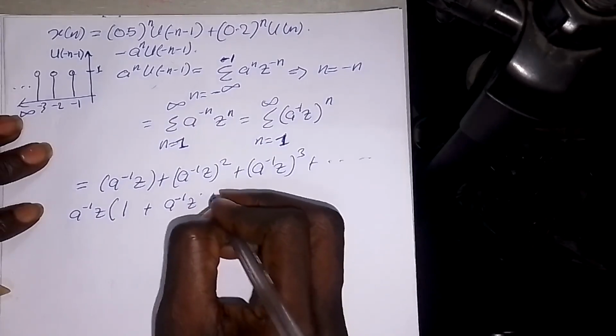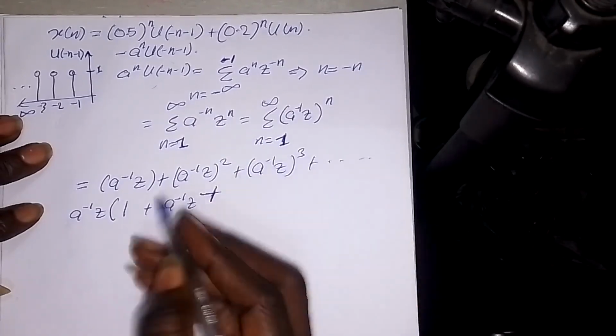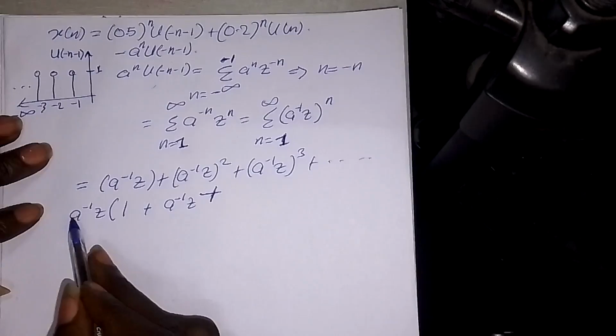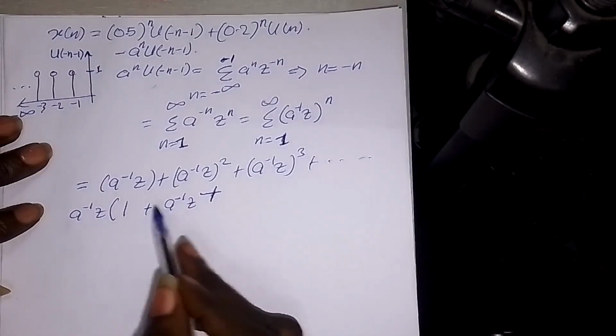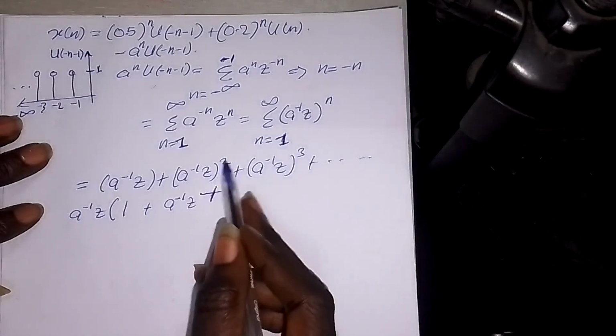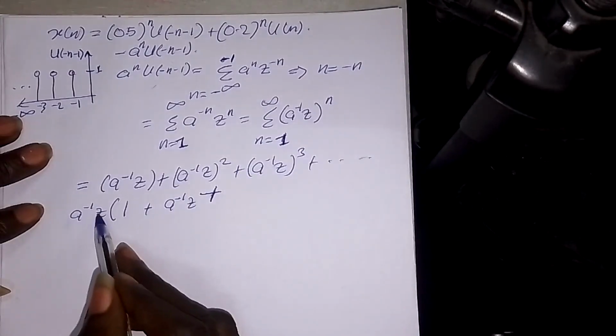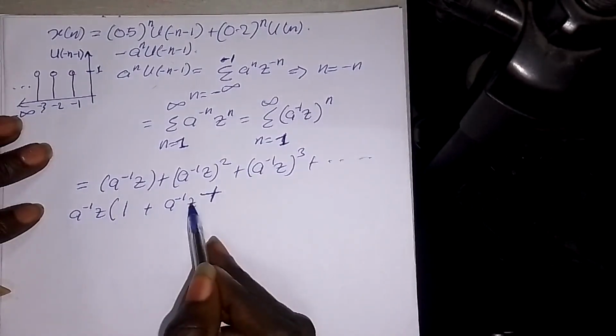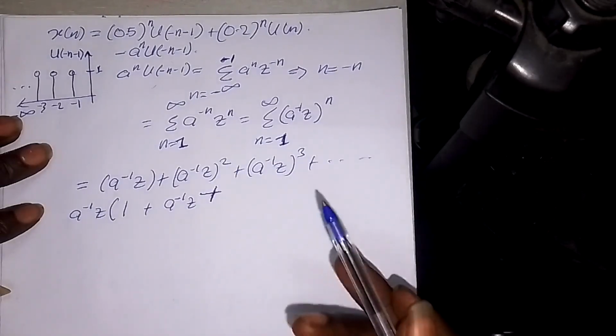If you don't understand it, you can just multiply: a exponent minus 1 times a exponent minus 1 gives a exponent minus 2, and z exponent 1 times z exponent 1 gives z exponent 2. So it's the same.